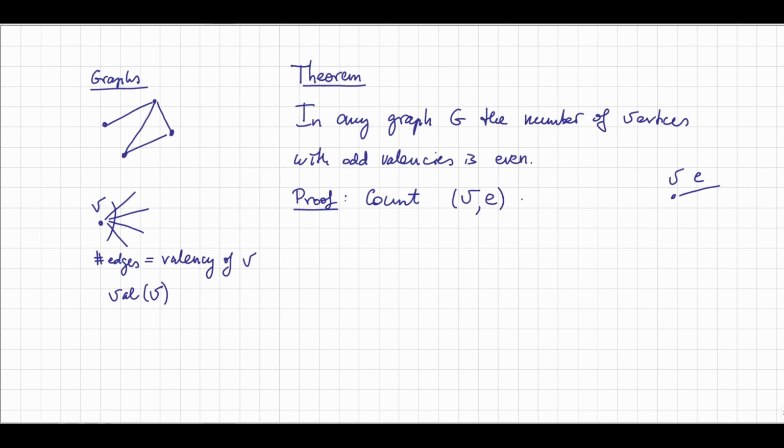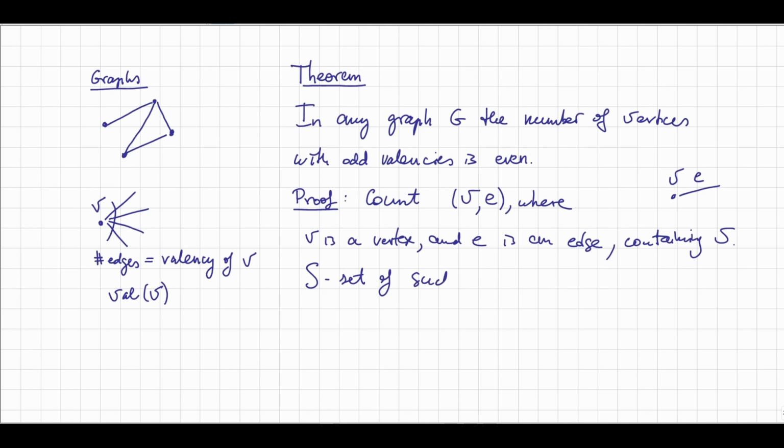So count the pairs, vertex and an edge, where V is a vertex and E is an edge containing V. Let us denote this set by S. S is the set of such pairs. We have seen that the size of the set is 2 times the number of edges.